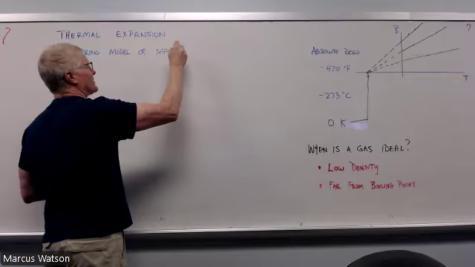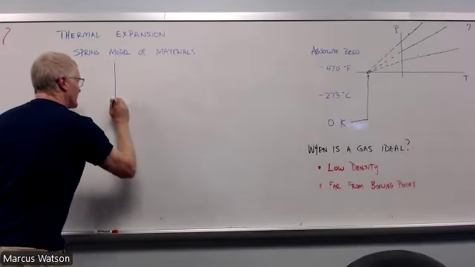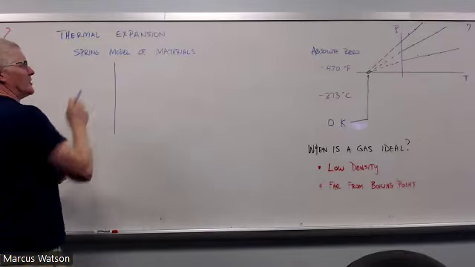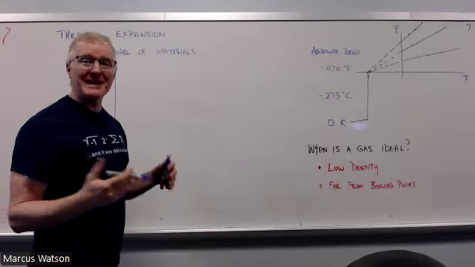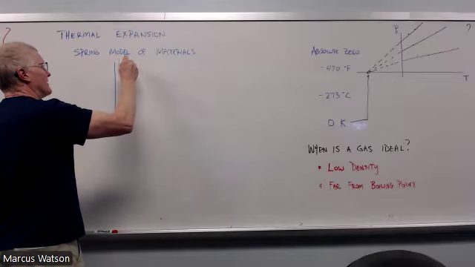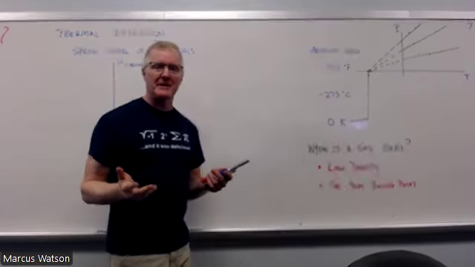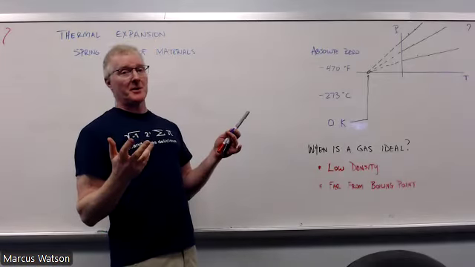Here's the spring model of materials. It would look like this. Here is a graph of a spring potential energy. I'll just call it U spring, right? We know from 4A what a spring potential energy looks like, right? You remember spring potential energy?